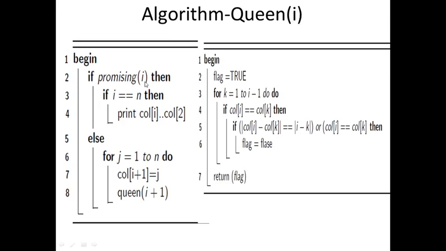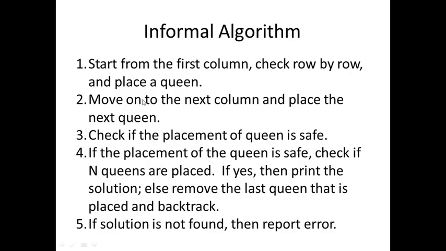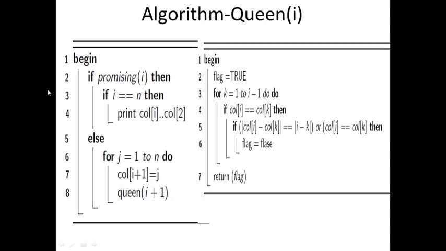And if the chosen position is promising, and if i equals n, that means like this: start from the first column, check row by row, place a queen, move on to the next column, place the next queen, check if the placement of the queen is safe. If it is safe, then check if all the queens have been placed, then print the column positions.